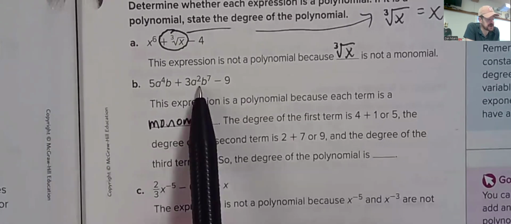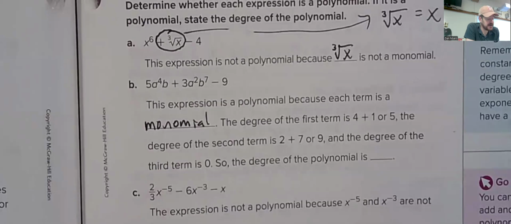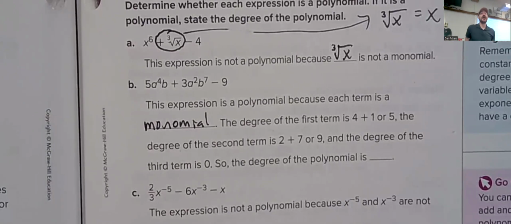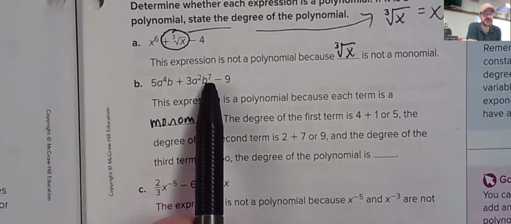The degree of the second term is what? 9. So what's the degree of the polynomial then? What is the degree of a polynomial or a monomial? No, because when they're together like this, we're just going to add them.